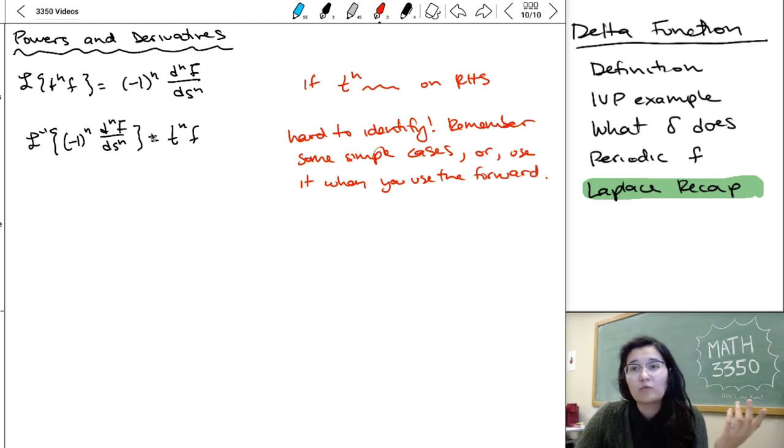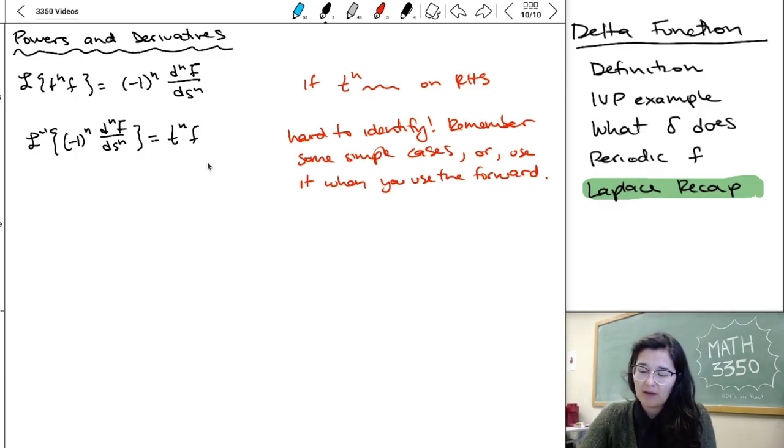Or remember, if you introduce this property when you take the forward Laplace transform of the ODE, you'll probably need this property to get back out of it to your little y. So, you know, remember common examples or just only use it after you've introduced it.